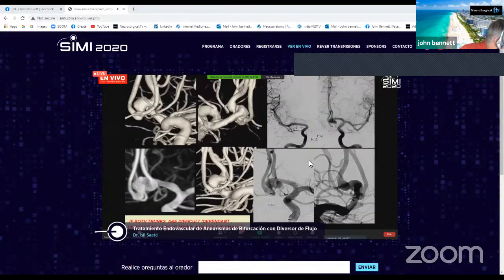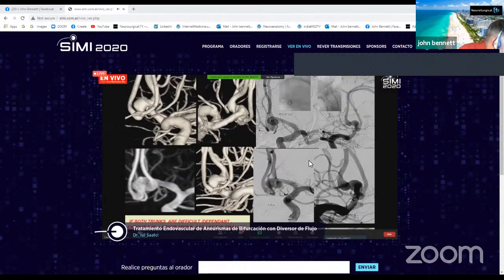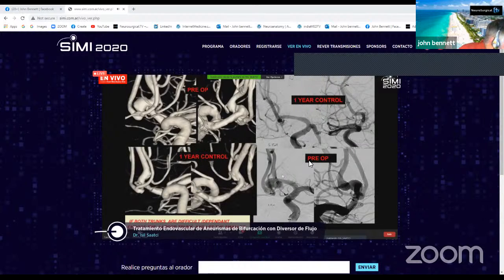in the ACOM region, we choose the larger trunk, the easier trunk, to put our flow diverter. In this one, it's lateral to A1, and you see a 1-year control, very nicely reconstructed.